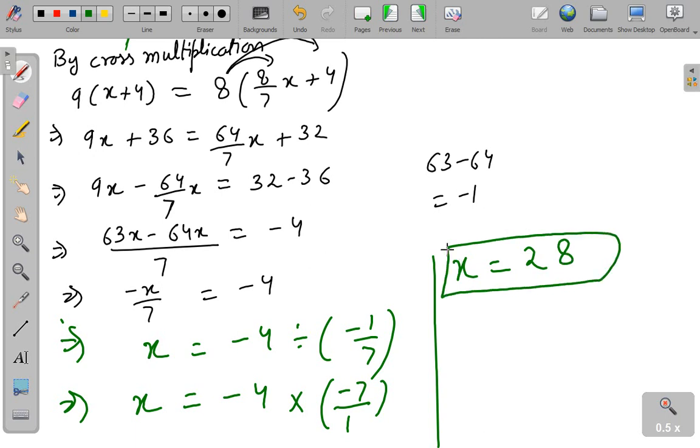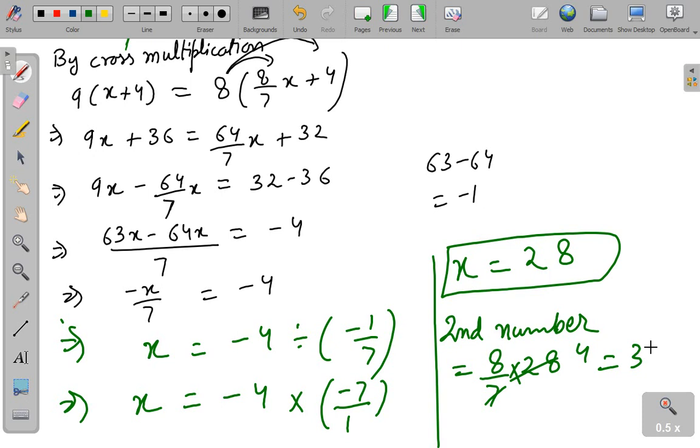One number is 28, and the second number will be 8/7 into x, that is 8/7 into 28. 7 fours are 28, 8 fours are 32. So your numbers are 28 and 32.